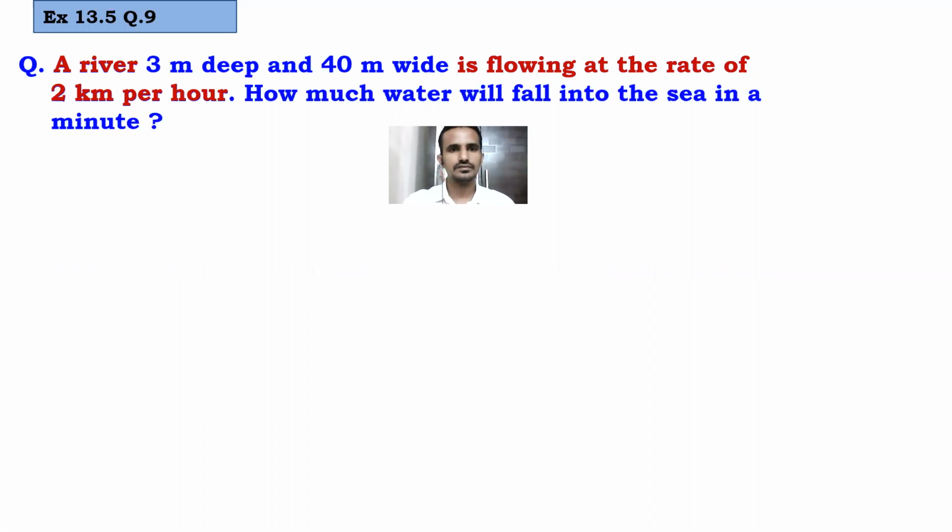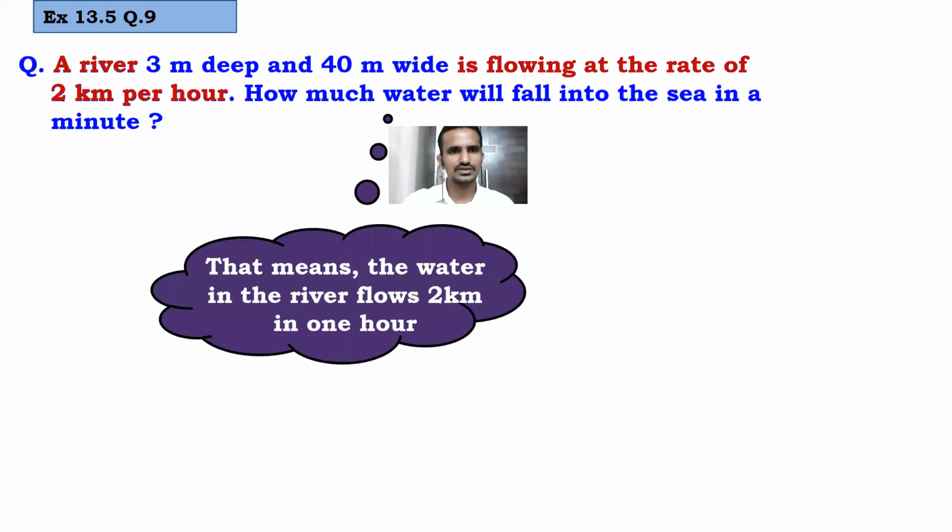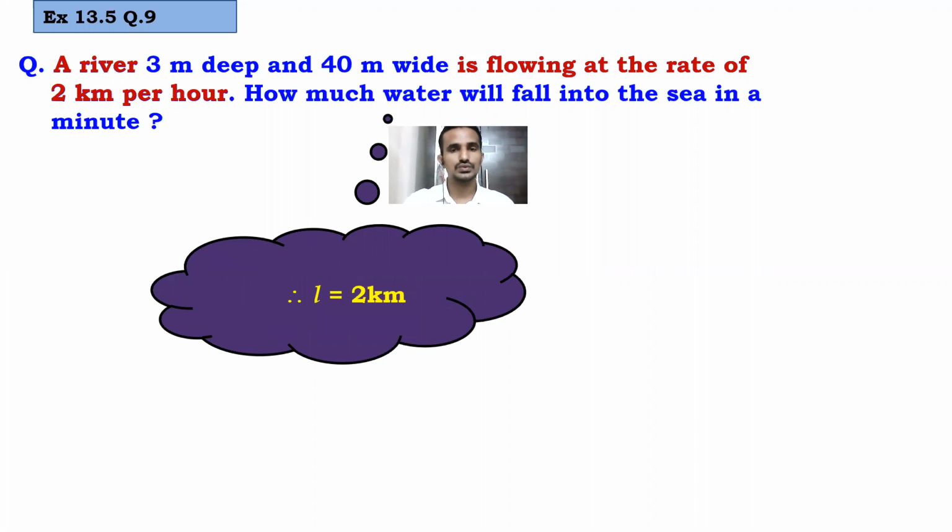So the water in the river flows 2 kilometers in 1 hour. So L is 2 kilometers.